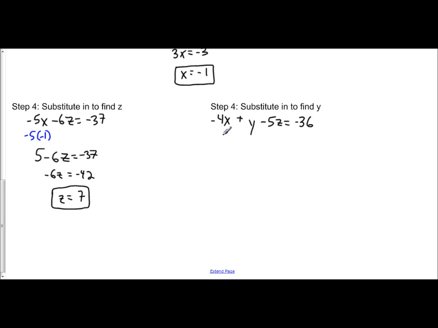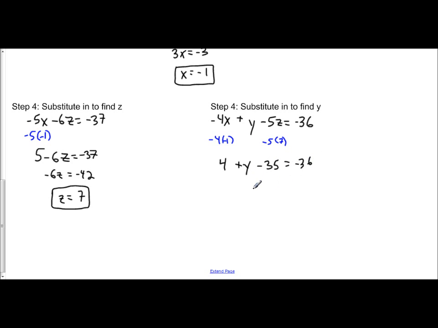And I'm going to plug in everything I know. I know x is negative 1, so I have negative 4 times negative 1. I know z is 7, so I have minus 5 times 7. So here's what that gives me. Negative 4 times negative 1 is a positive 4. So I have 4 plus y. Negative 5 times 7 is a negative 35. So I have minus 35 equals negative 36.